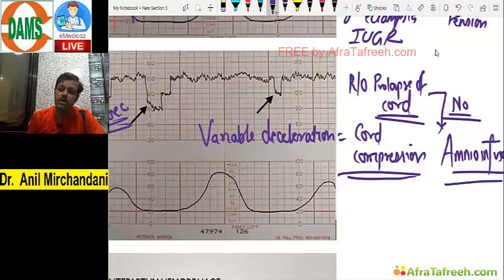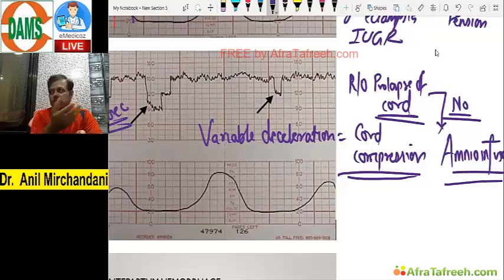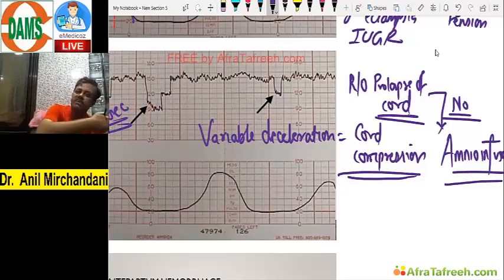If there is a cord prolapse, see to it that sometimes you might not see the cord. The cord might be in the vagina. If you are seeing the cord, you cover the cord with wet gauze and deposit it in the vagina. Try to understand this: you have to maintain PV examination, and pushing the head up is the most important thing.